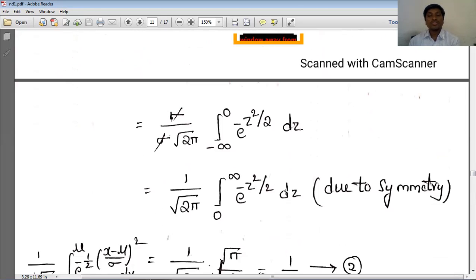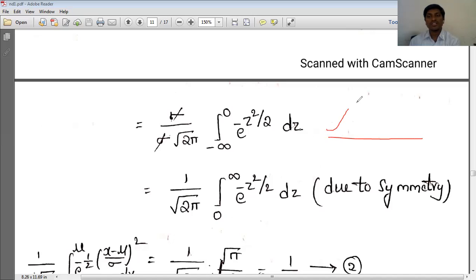And next, due to symmetry. In a normal distribution, the distance from 0 to the left side is the same as the distance from 0 to the right side. In other words, this is an even function, and we can simply write that also. The normal distribution is symmetrical about the mean, x is equal to mu, and z is equal to 0.